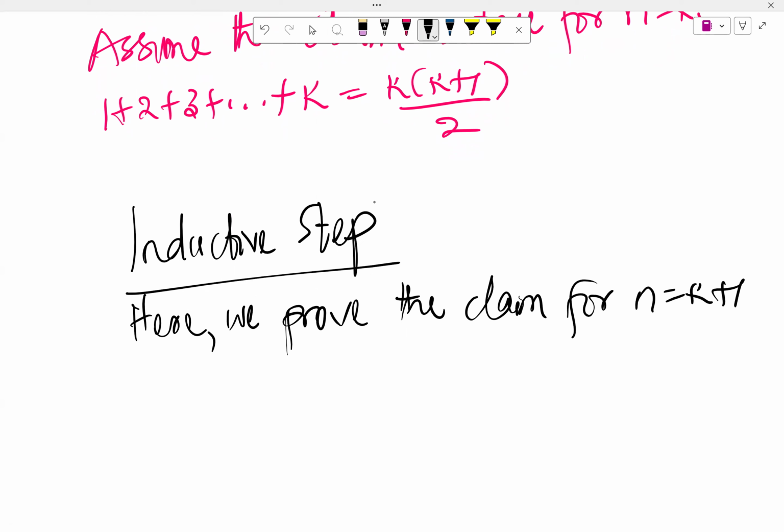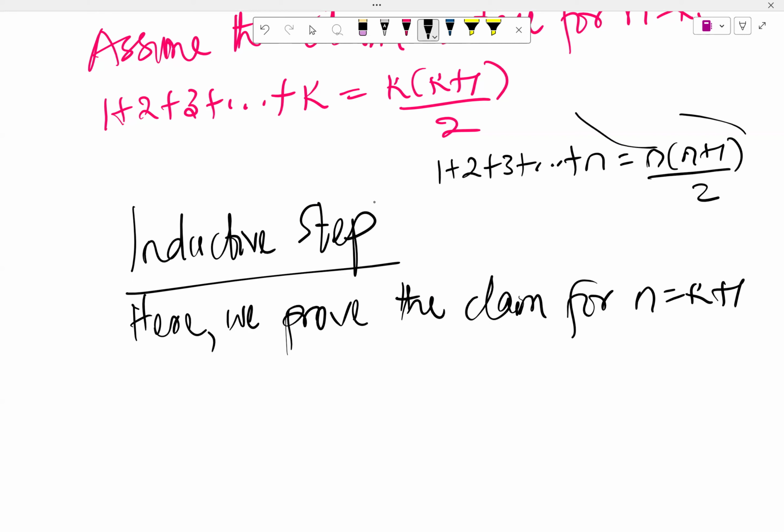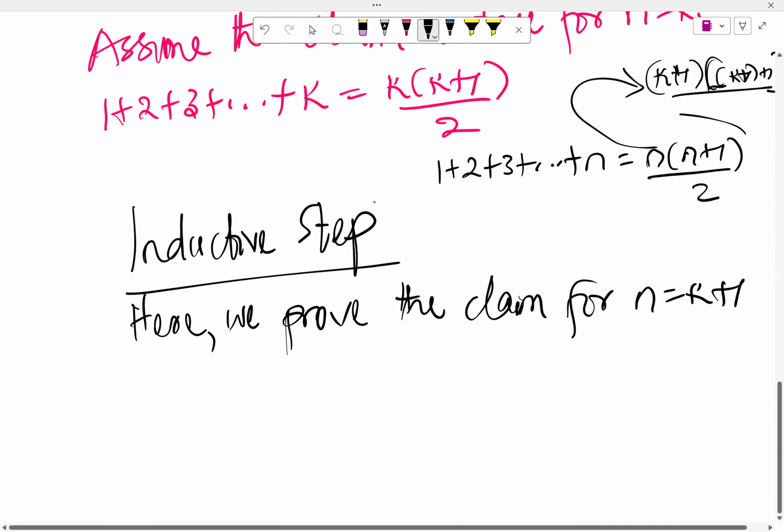I already told you that the claim is 1 plus 2 plus 3 plus all that up to n is equal to n into n plus 1 all over 2. So for you to know that the claim is true, you want to be able to show that for every n you have k plus 1. So you have k plus 1 into k plus 1 plus 1 all over 2. That is when you know that the inductive step is correct.